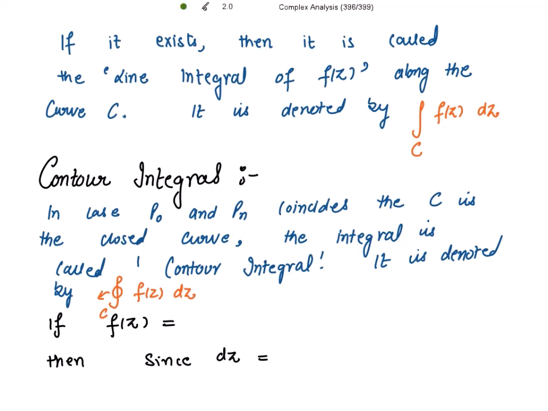Now if f(z) is equal to u(x,y) plus iota v(x,y), then since z is x plus iota y, dz will be dx plus iota dy.